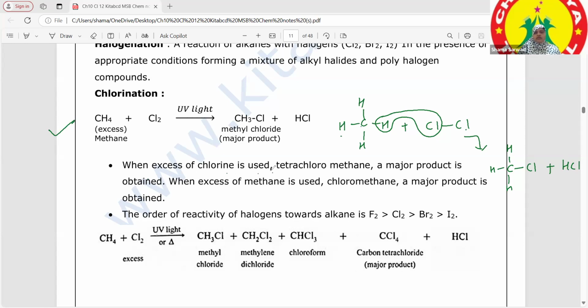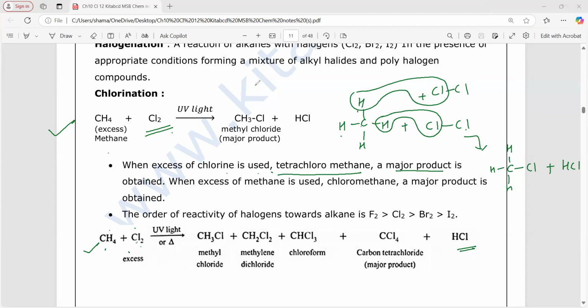When excess chlorine is used, tetrachloromethane is obtained as the major product. Each chlorine molecule forms one HCl, and one chlorine from Cl2 replaces one hydrogen of methane. If I add one more Cl2, this hydrogen and chlorine go as HCl, and this chlorine comes at this place.